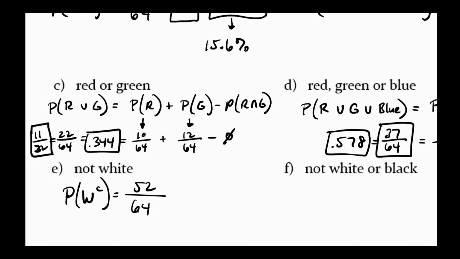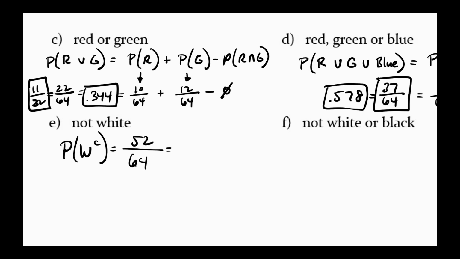So every other color would be 52 out of 64, which is, let me reduce that. 13 out of 16, which is the same thing as 0.813.